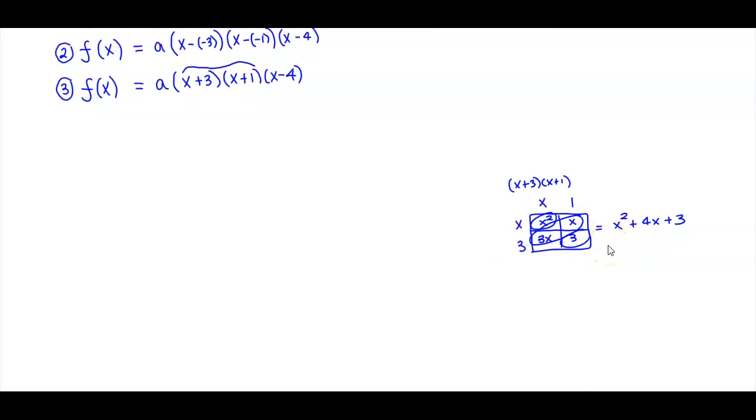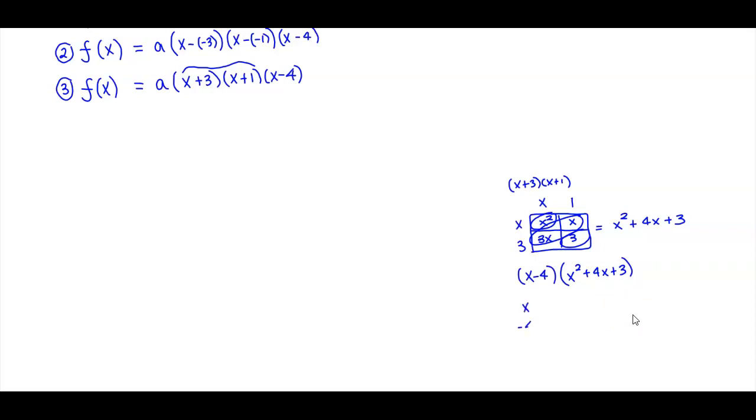Now that we multiplied that out, we have x squared plus 4x plus 3, and we need to multiply that by x minus 4. Again, we're going to use the box method.